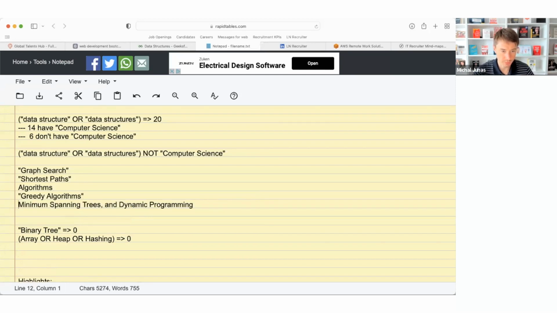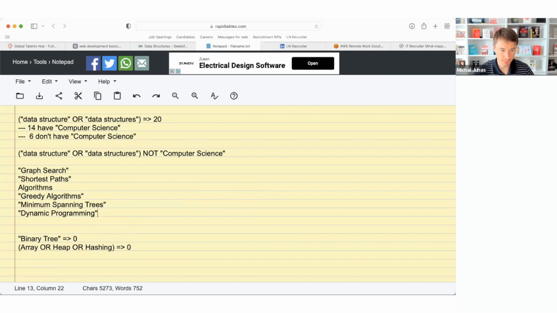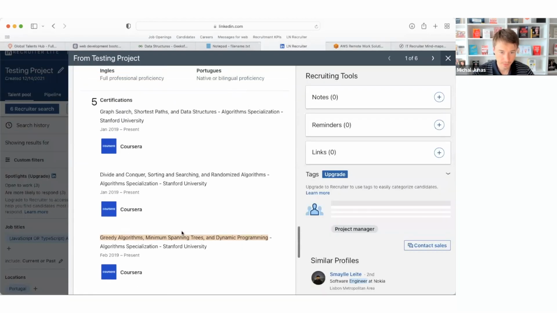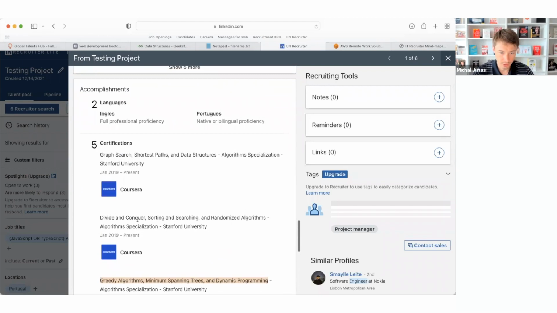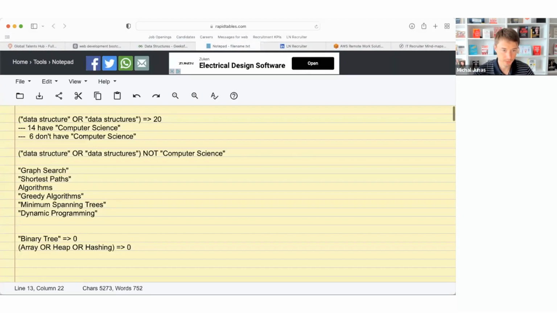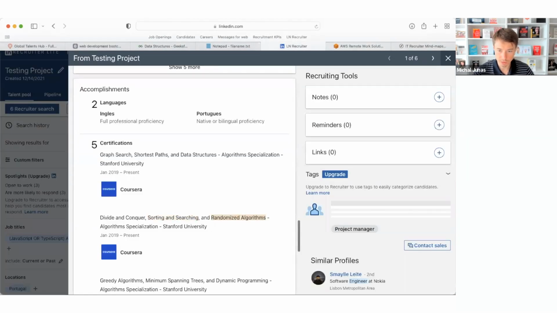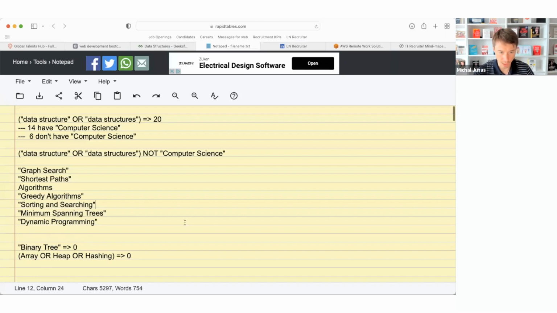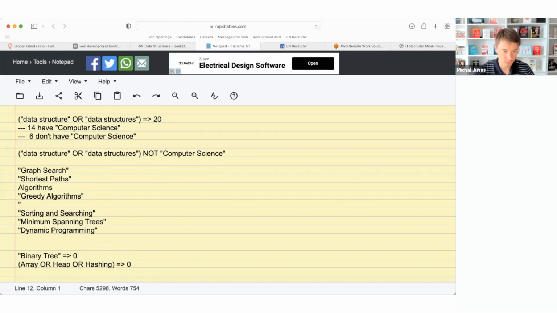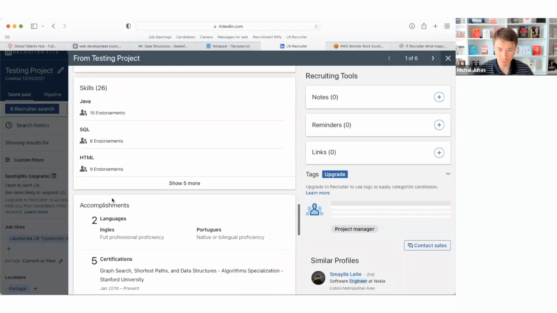Greedy algorithms, minimum spanning trees, dynamic programming, divide and conquer, sorting and searching. Randomized algorithms. Well, if we have algorithms, then we don't really need randomized algorithms because the one keyword algorithms would find it. But let's just list this.